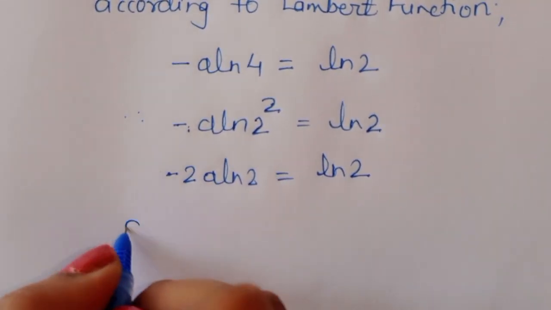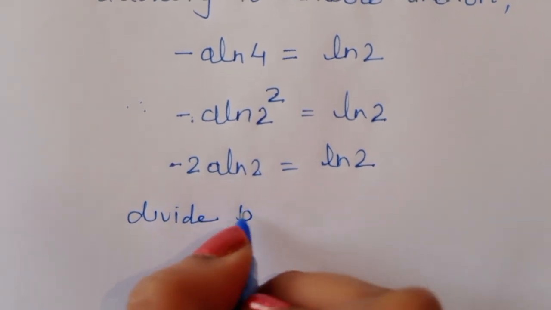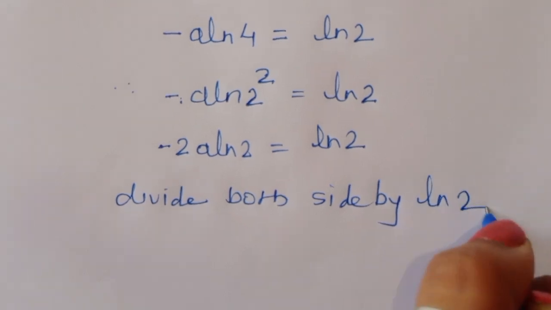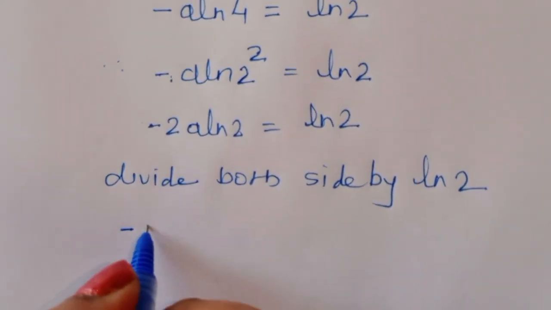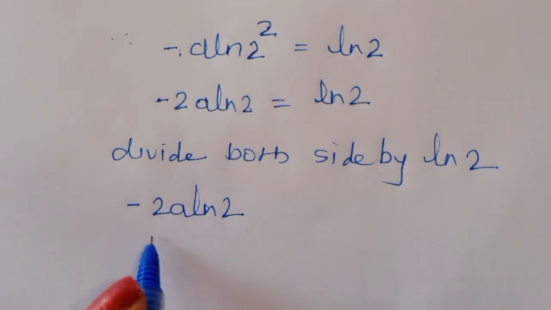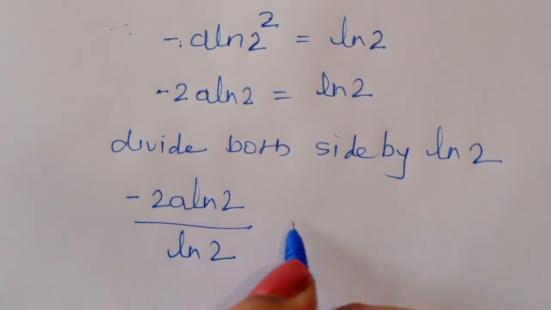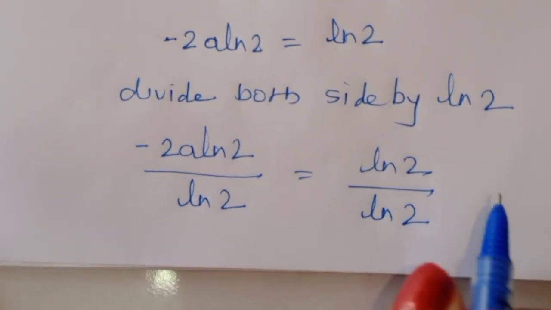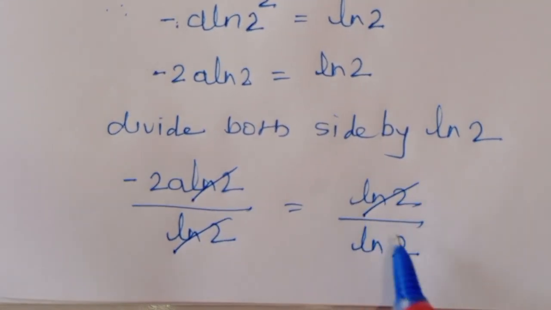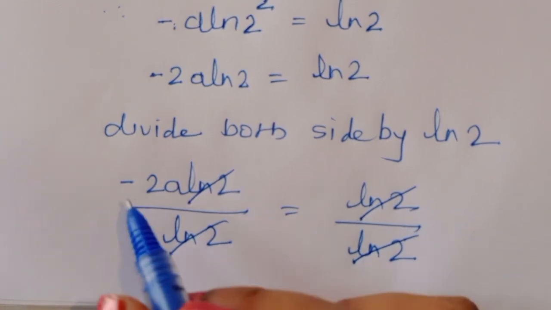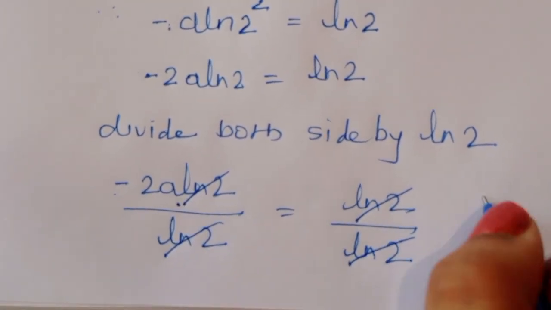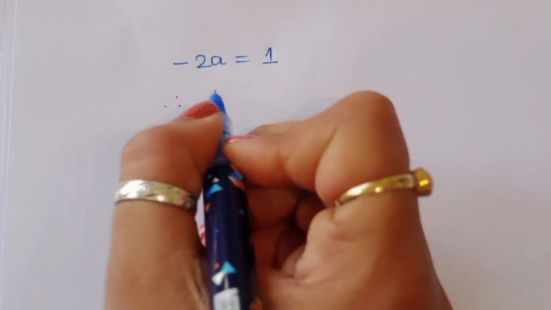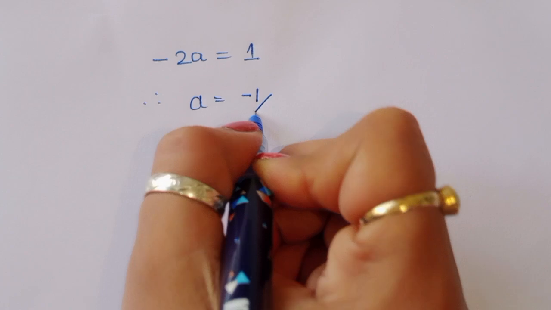Now divide both sides by ln 2. Then minus 2a ln 2 divided by ln 2 is equal to ln 2 divided by ln 2. The ln 2 cancels on both sides, so the left term is minus 2a is equal to 1. Therefore a is equal to minus 1 by 2.